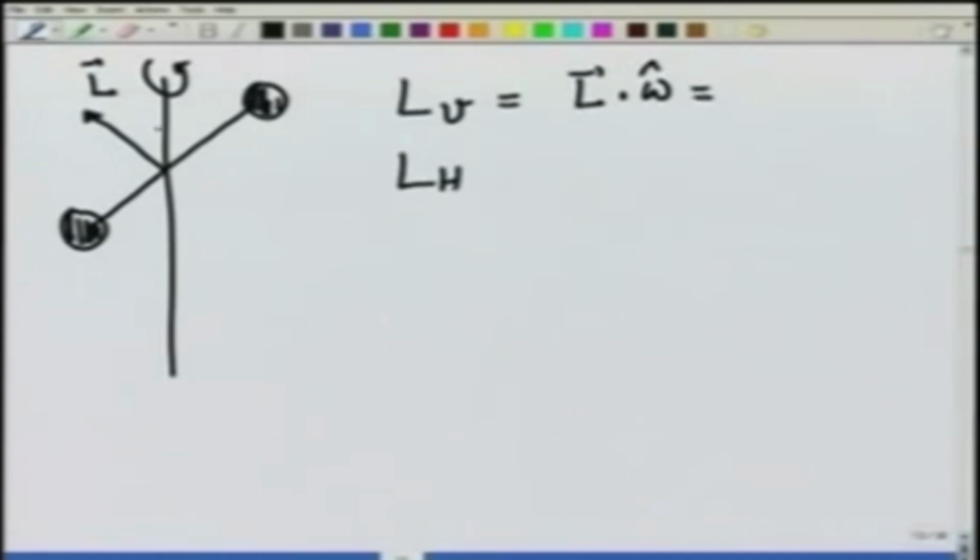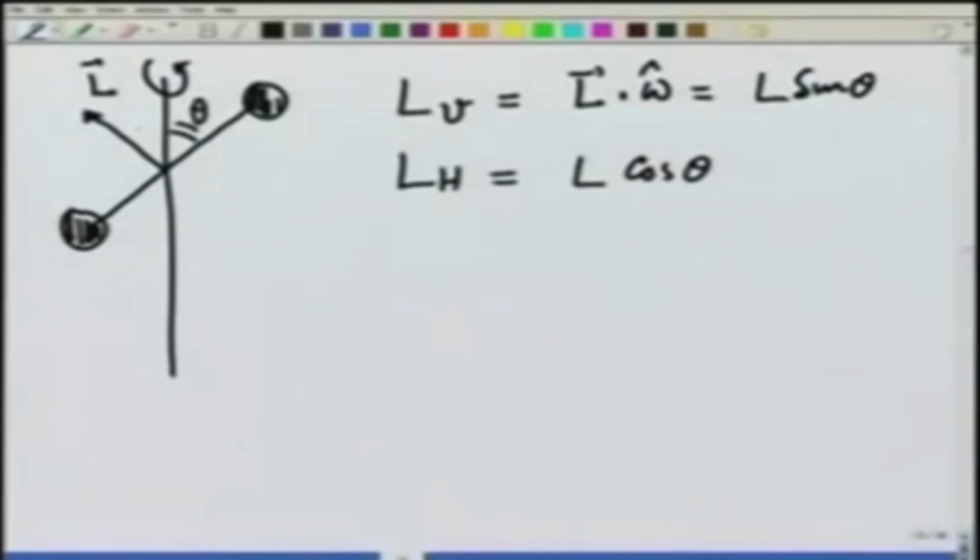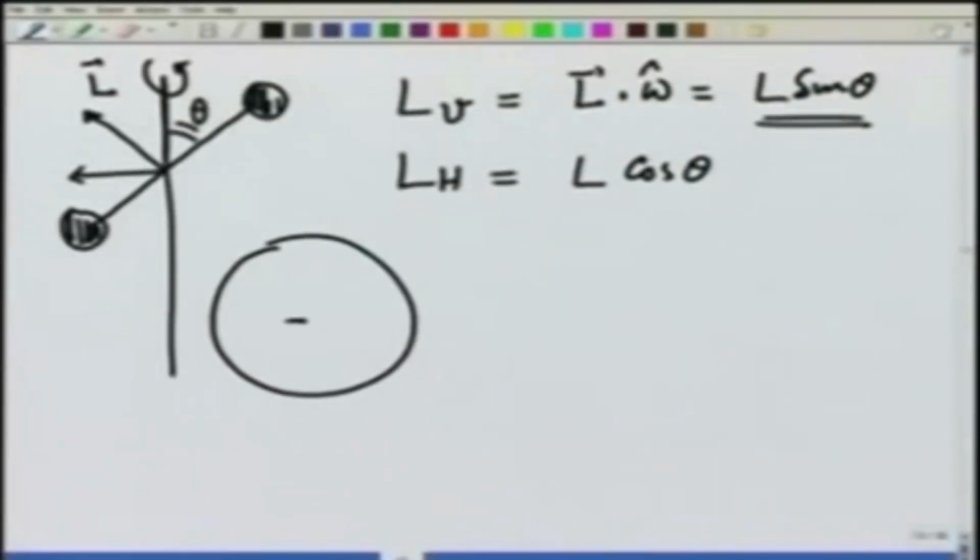If this angle is theta, this is going to be L sine theta, and this is going to be L cosine theta. As the body rotates, L is also rotating about it. Its magnitude is constant. You will see that the component along omega remains unchanged. The only component that rotates is its horizontal component. Let us see how it rotates. This is the horizontal component LH, and it is rotating like this.